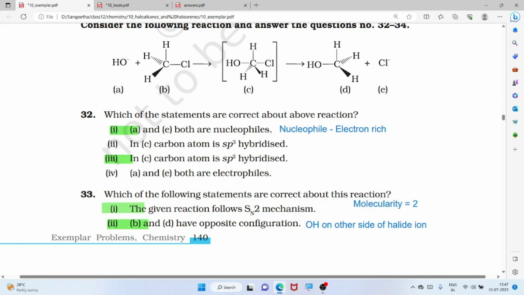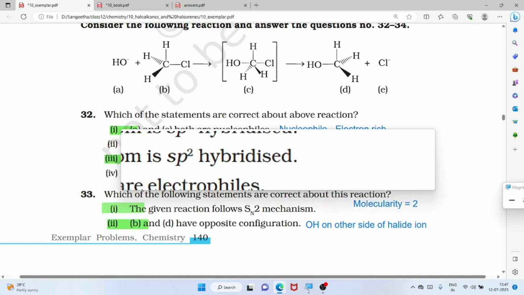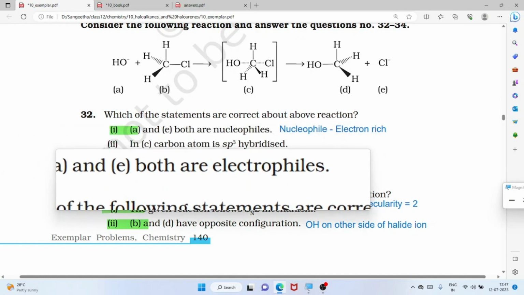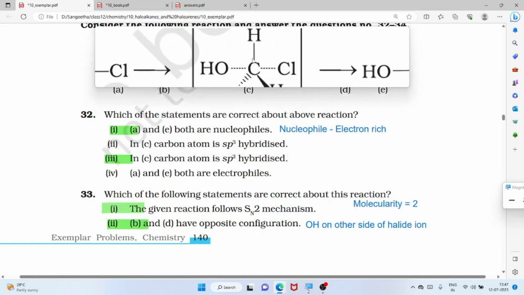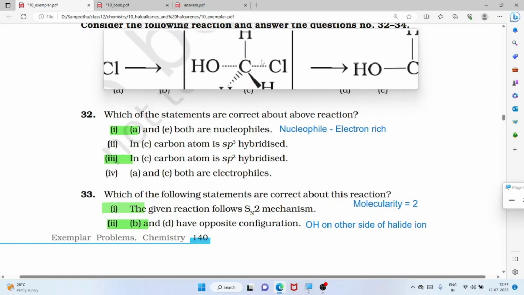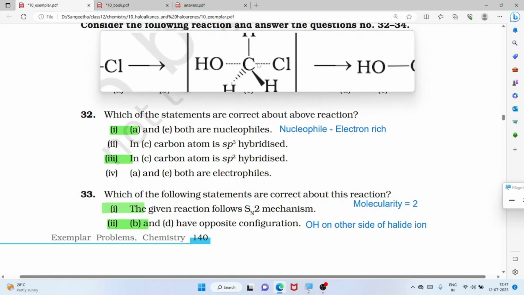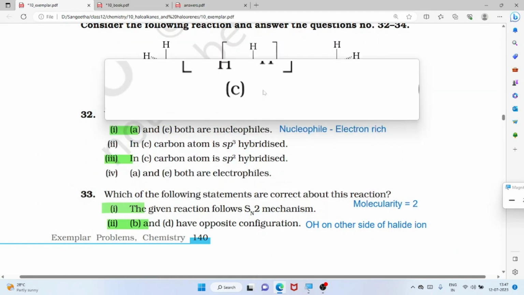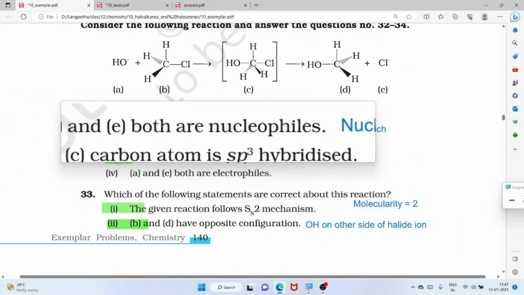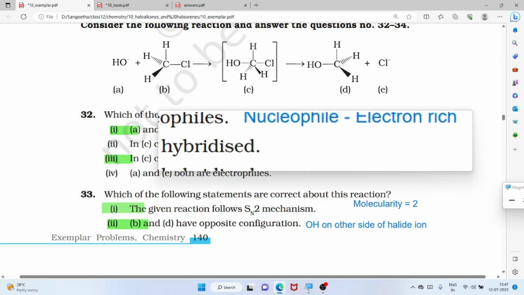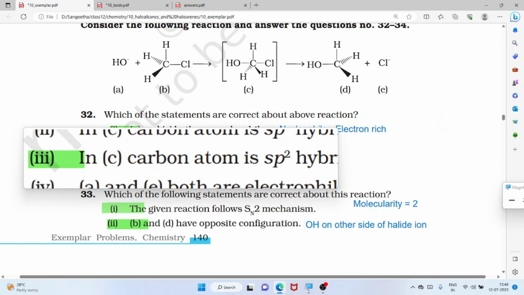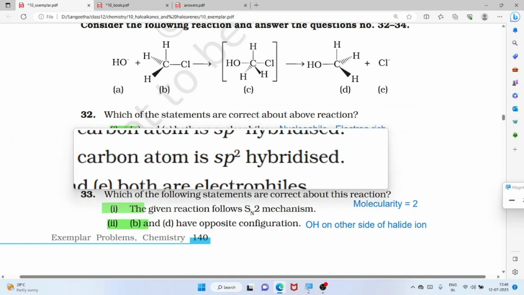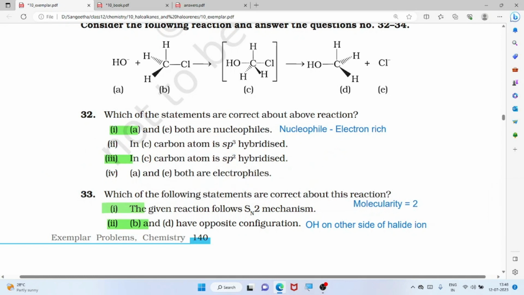Now, is it sp hybridization? In C, there is a double bond here only, so this is unstable. So here A and C both are nucleophiles. The C carbon atom is sp2 hybridized. That is the intermediate stage.